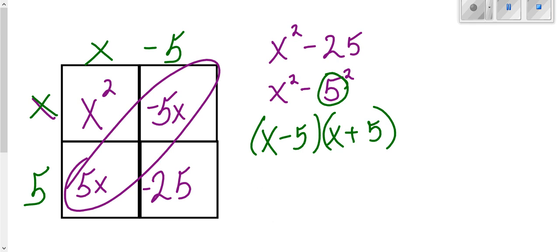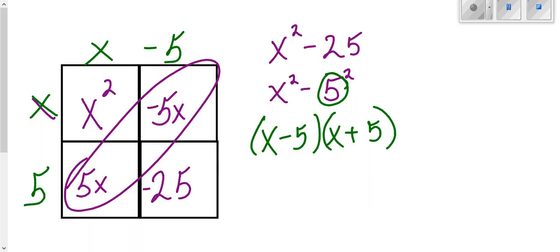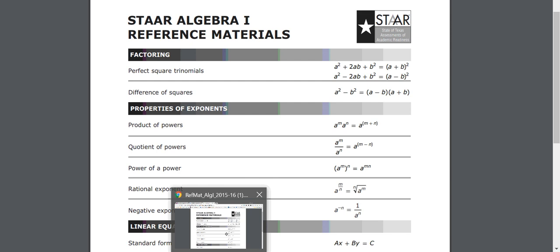On your formula chart, what you'll find, and I've actually brought that up here, is this difference of squares. If I have something like a squared minus b squared, which we can see is modeled here, a value that is a square minus a value that is a square, I can use this formula that will always be true.